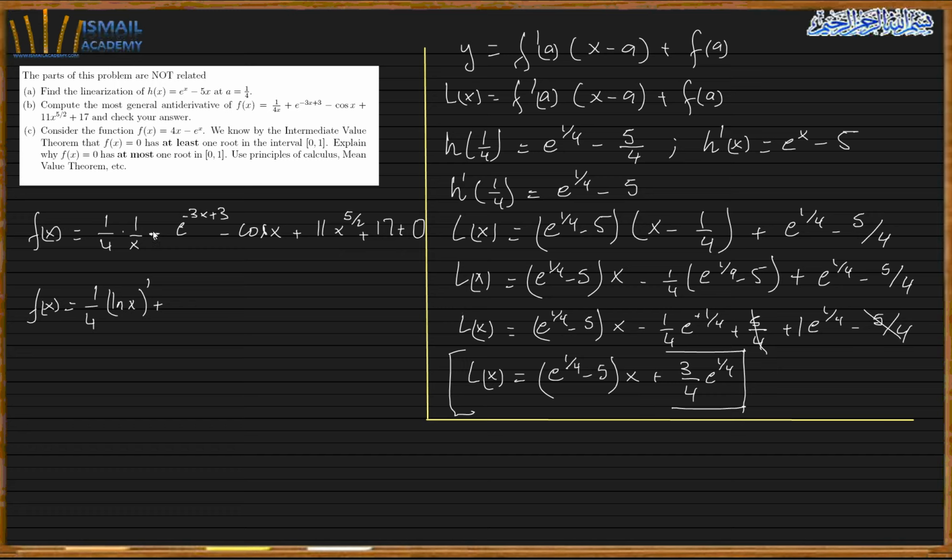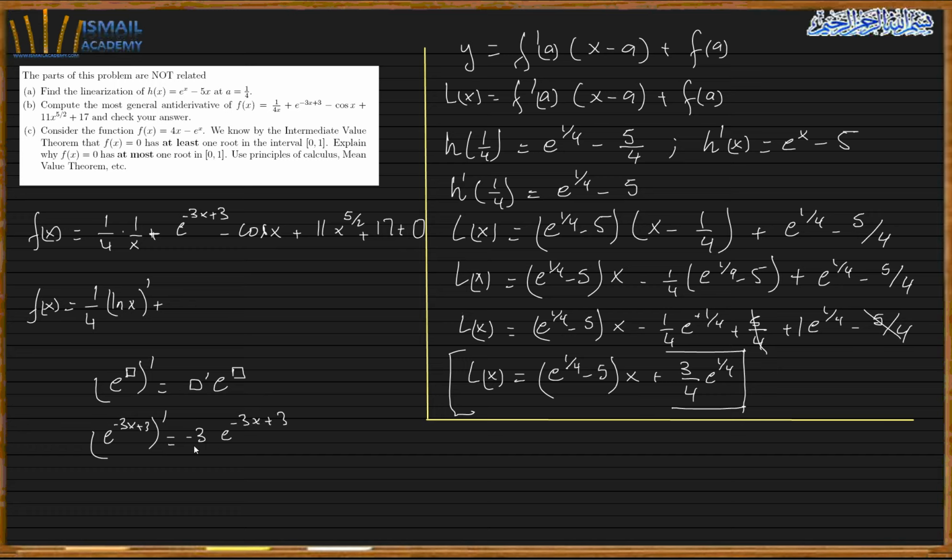For here, we know that the derivative of e to the something is the derivative of that something times e to the same thing. So if I substitute here, I will have e to the minus 3x plus 3, prime. Normally it should be the derivative of minus 3x plus 3, which is minus 3 e to the minus 3x plus 3.